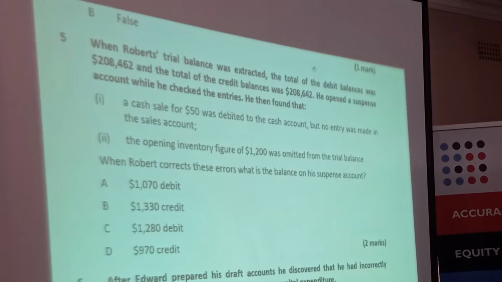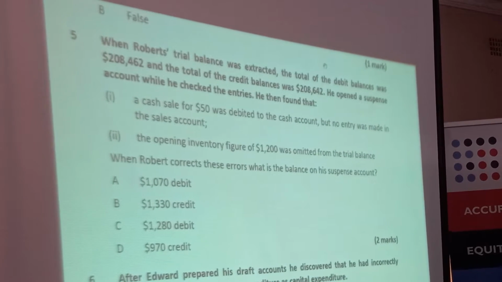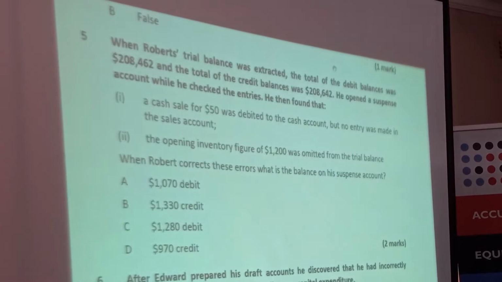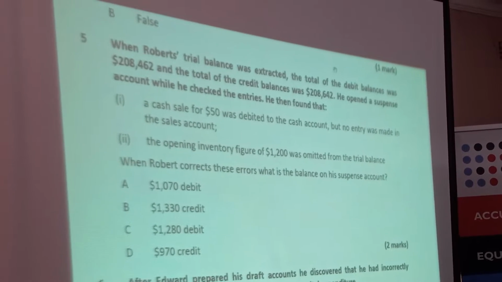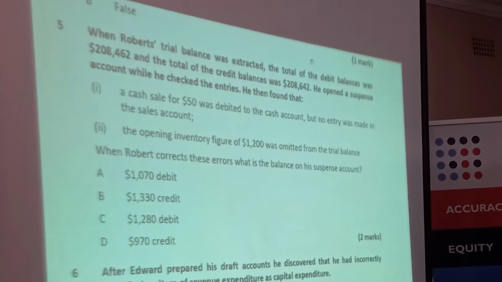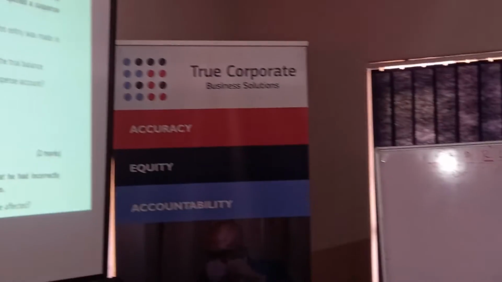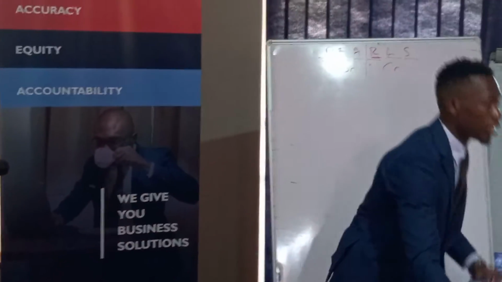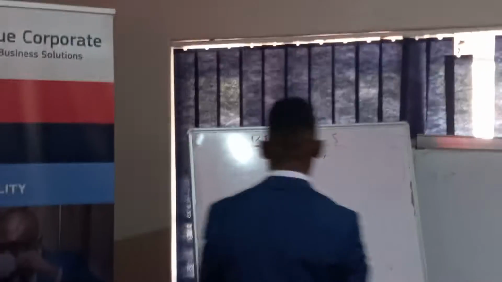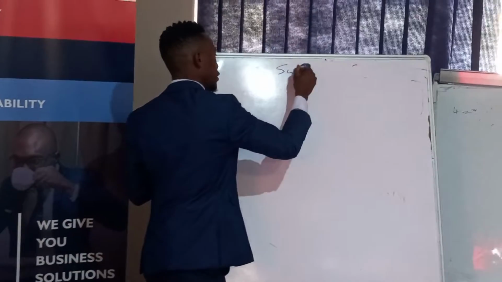The credit side is greater, right? So there is a shortfall on the debit side, and by how much? If you subtract that amount, there is a difference of 180, right? You understand? So this is what you do, guys. Allow me to open the suspense account. This is my account.